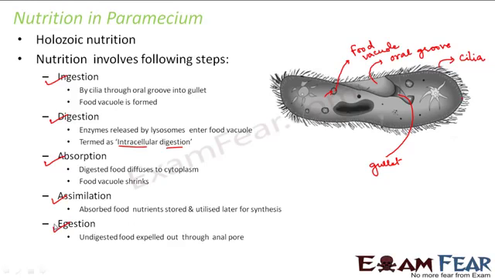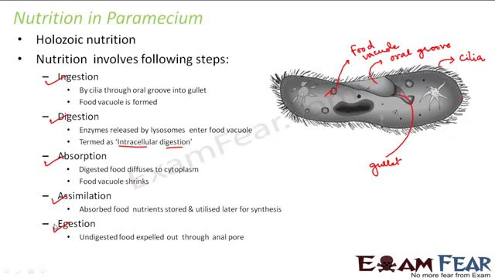Similarly, there is a specific location from where the waste products are excreted, that is the anal pore. So here what did we see? The shrunken vacuole and the undigested food will reach the anal pore. The anal pore will rupture and will expel them out.